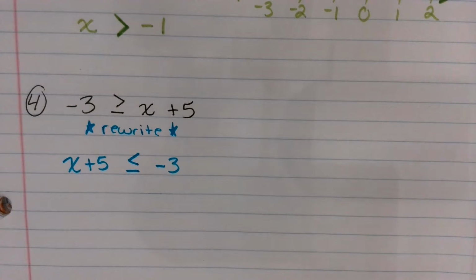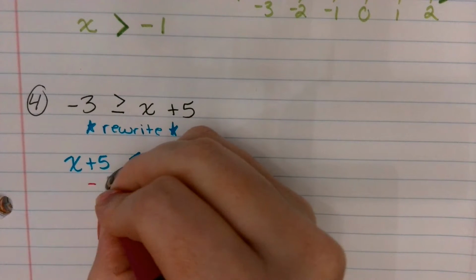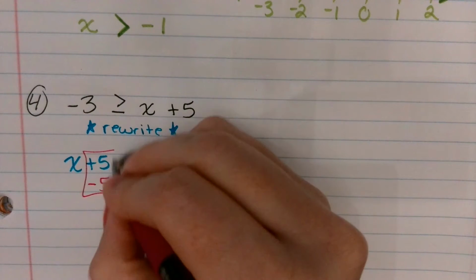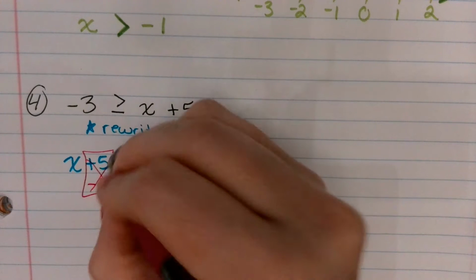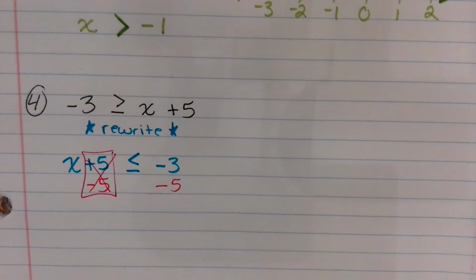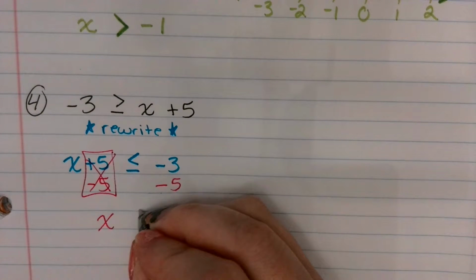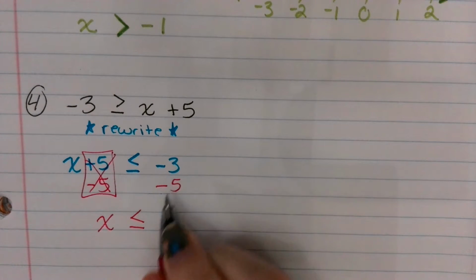Okay, inverse operation, instead of adding 5, we're now going to subtract 5 from both sides. So these 5s are 0 pairs. They're going to cancel each other out. We're now going to get x is less than or equal to -8.